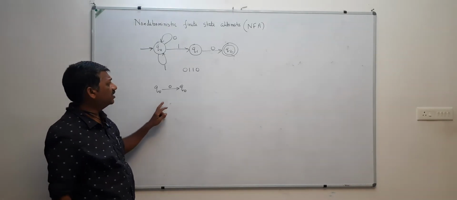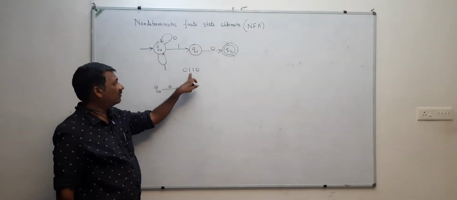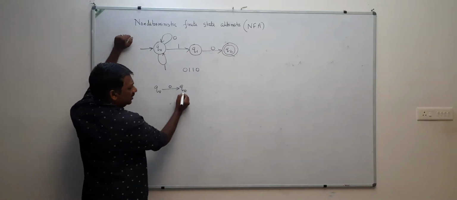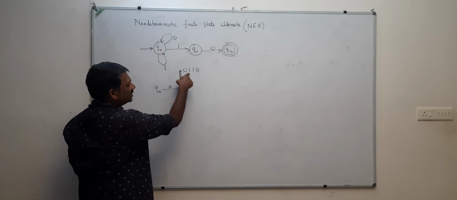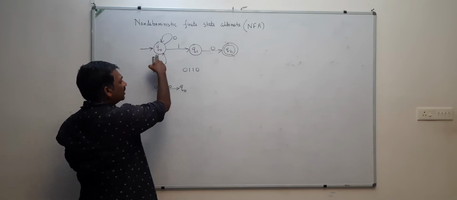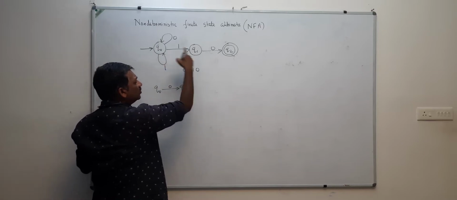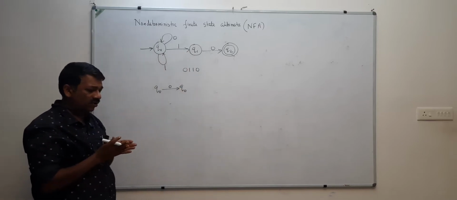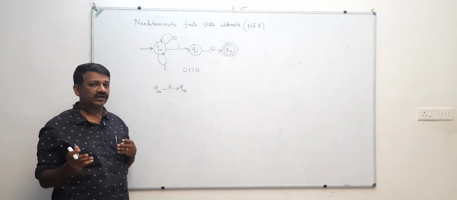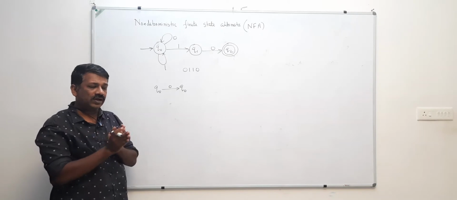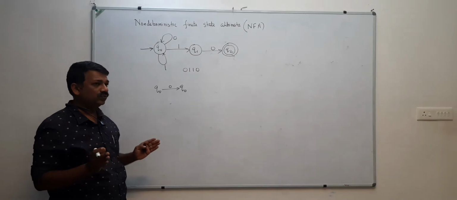Okay. Now, for the second input symbol 1, what will happen? Now the finite control is in state Q0, and upon reading the 1, it can either stay in the same state or it can switch to a new state. That means now you are splitting your finite control into two.